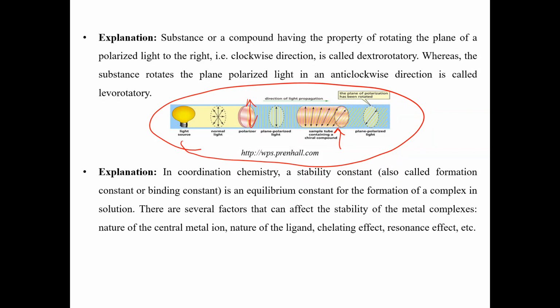And in the second one, the stability constant, also called the formation or binding constant, is an equilibrium constant for the formation of a complex. There are many factors that can affect the stability of metal complexes: the nature of the central metal ion and the nature of the ligand, which basically decide the strength of the metal-ligand bond, so how strong the bond formation is.